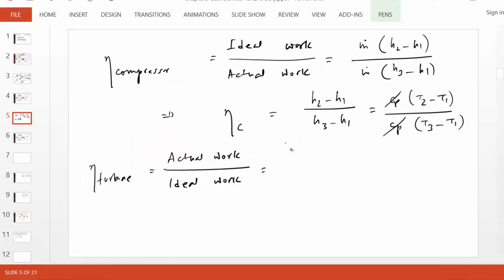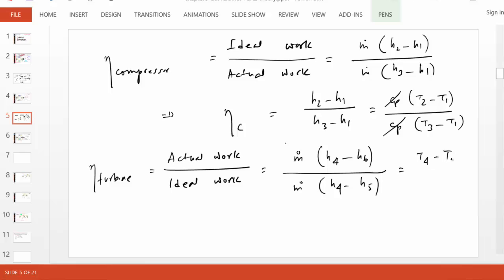So therefore, the work by the turbine will be 4 to 6, and the ideal turbine is 4 to 5. And as you can show that the temperatures at the exit are connected by the turbine efficiency. So if we know T4, if T4 is given, from T4 we can find T5 through isentropic relation.